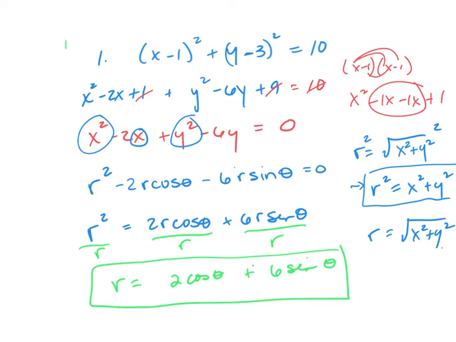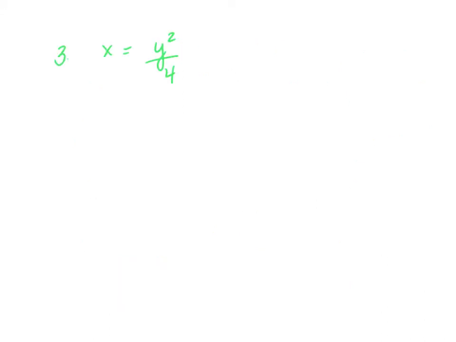So that's type A. All the A's are going to be done in the same format. So this is a type B. So all the B's are going to be done pretty much the same way. Well, I've got an x and y again, and I've got to convert them to r's and thetas. So I know that x is r cosine of theta, right off your formula sheet.